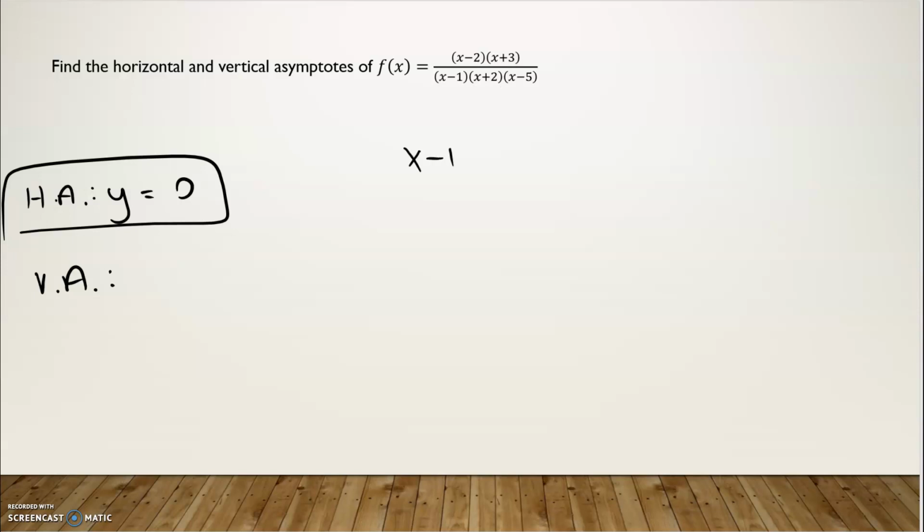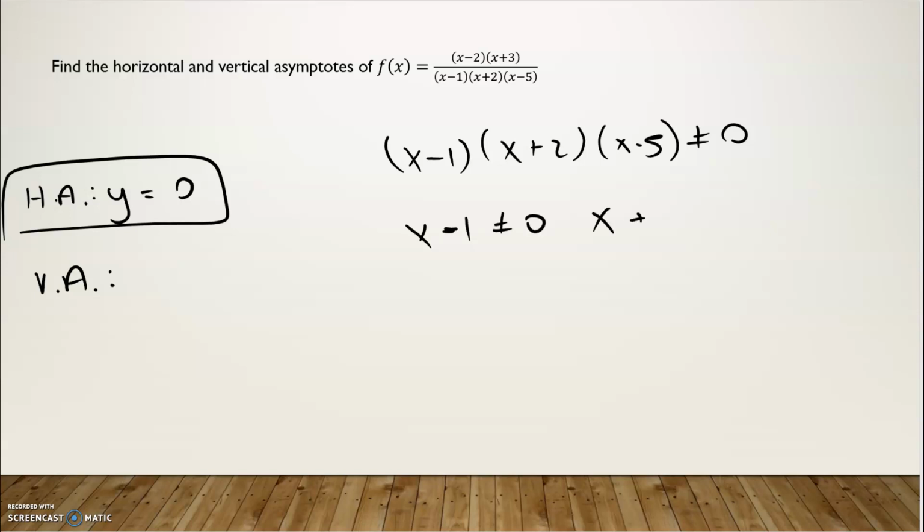So I'm going to take x minus 1, x plus 2, x minus 5, and set it not equal to the thing we don't want it to be equal to. Set it not equal to 0. So x minus 1 is not equal to 0. X plus 2 is not equal to 0. X minus 5 is not equal to 0.